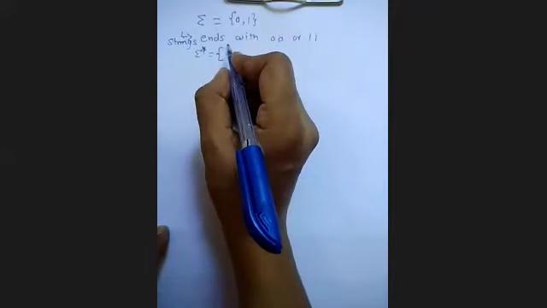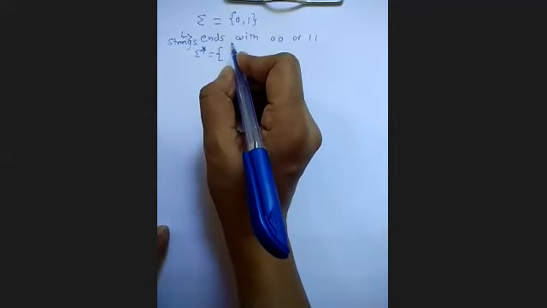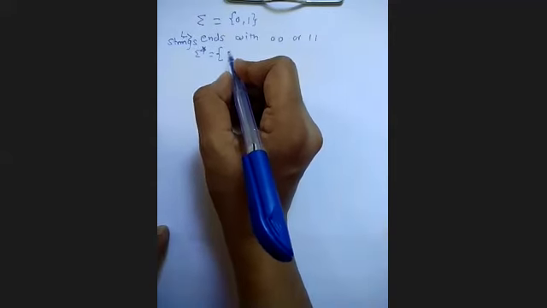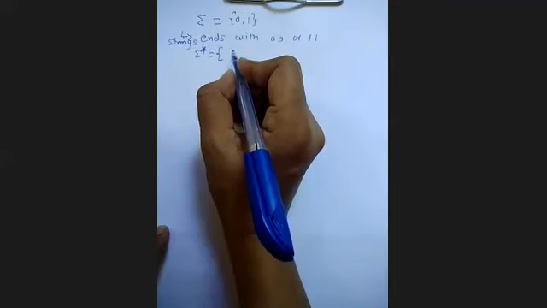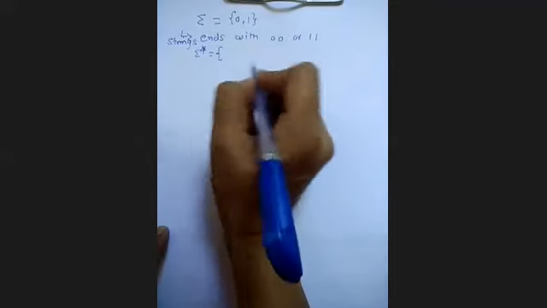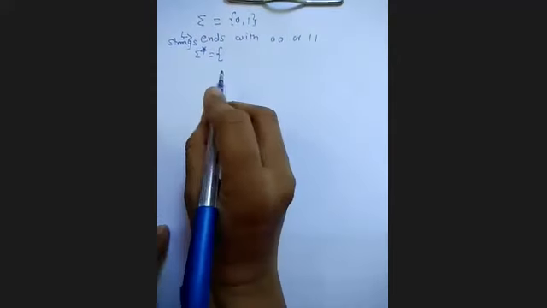Okay, so epsilon is not acceptable. Are there any strings of length 1 which we can accept? Strings of length 1. If you understand this, then only your finite automata design will be correct, no?